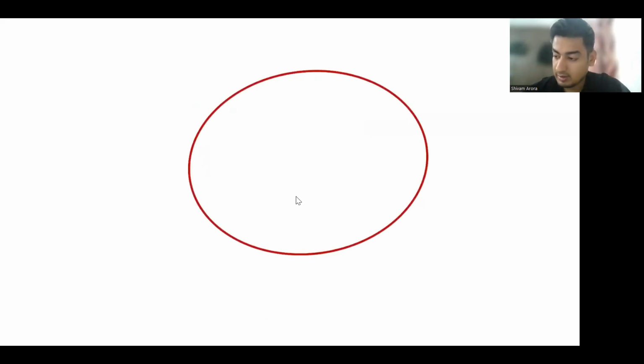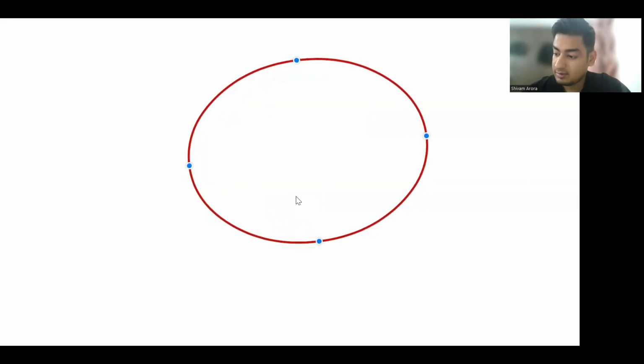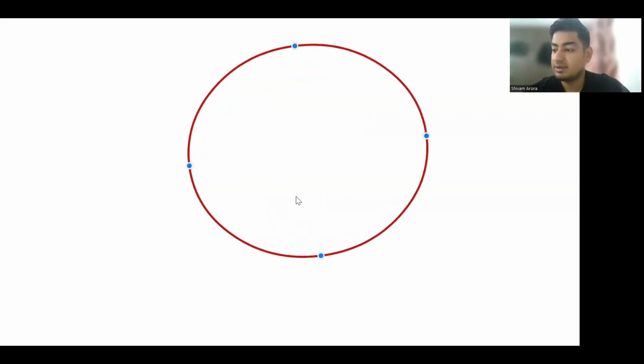Now, if we draw it in a symmetrical way, suppose this is a circle. This is our lead 1, this is lead 2, and this is lead 3. Clear?